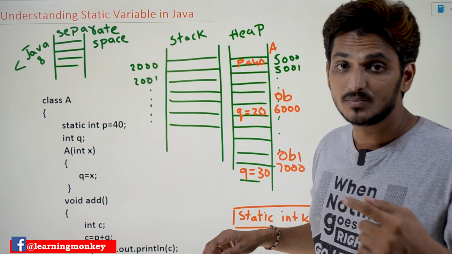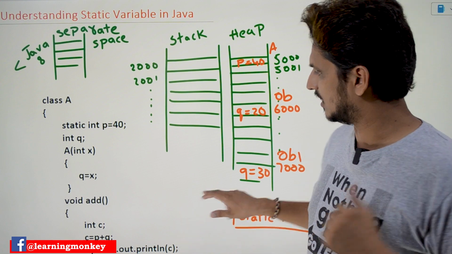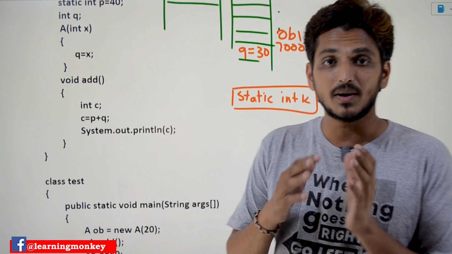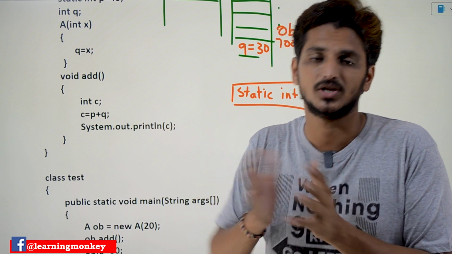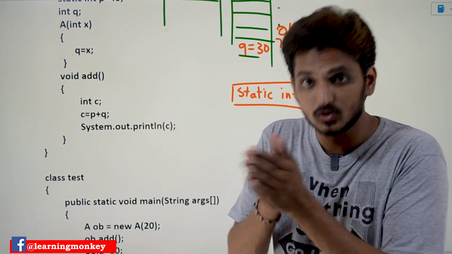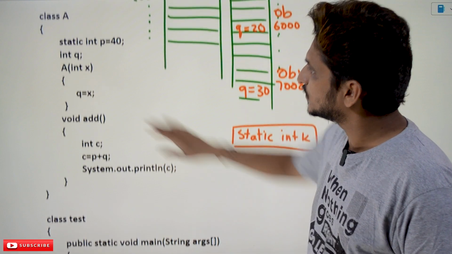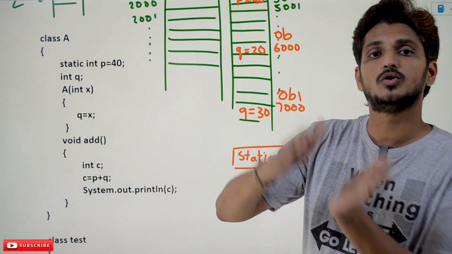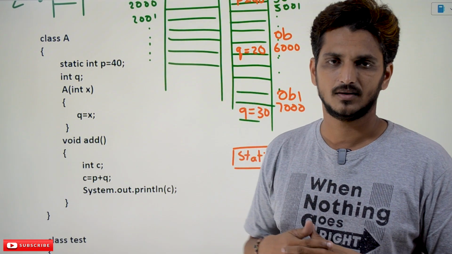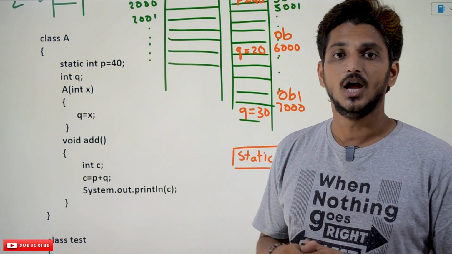But static variables are not assigned memory during execution. They are assigned memory during compilation. Whenever you compile the program and want to execute it, the program should be copied, that is loaded, to random access memory.